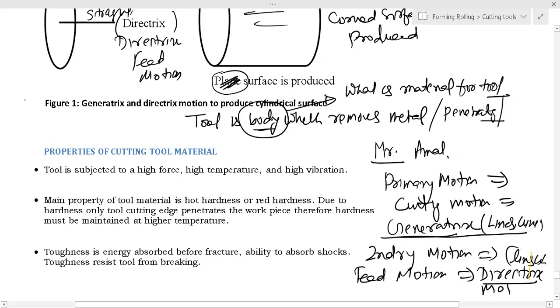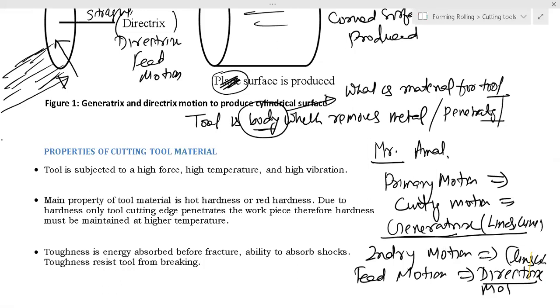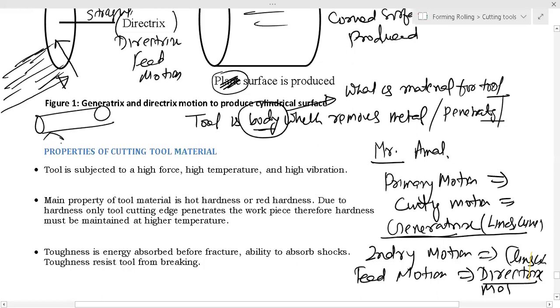Suppose one body is traveling like this and you are pulling this, you will get a plane surface. So the combination of directrix and generatrix produces different machined surfaces. If generatrix is a straight line and directrix is a straight line, the produced surface is a plane surface. But when generatrix is circular motion and directrix is straight motion, like in a turning operation, this revolves.